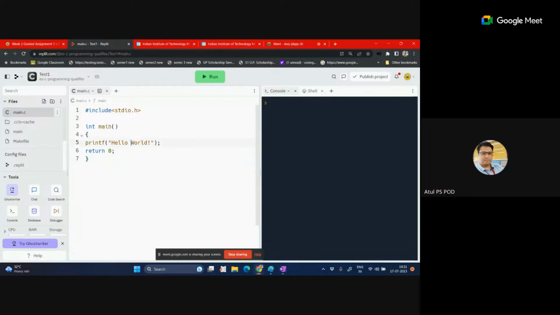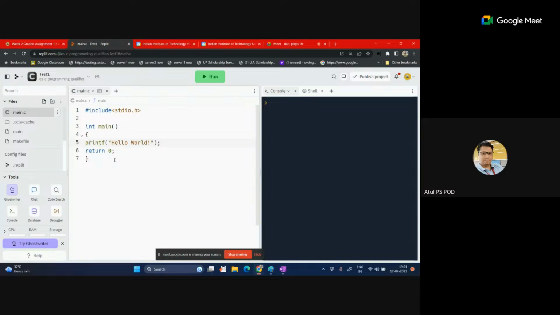The name is main here. So the compiler by default calls main and executes everything written inside this block.